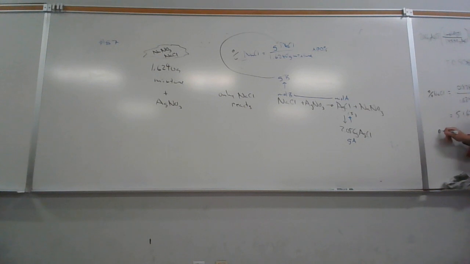And that means the percent sodium nitrate must be the balance. That is 100% minus 51.622%, which is going to give me 48.377% sodium nitrate. And so 51.62% sodium chloride, 48.38% sodium nitrate, rounded.